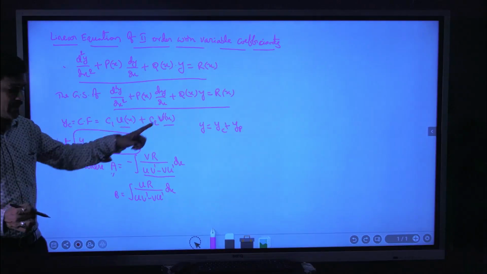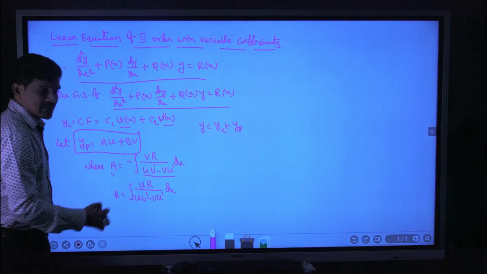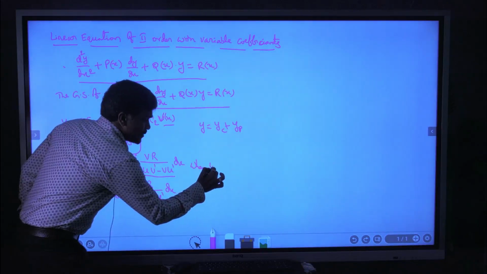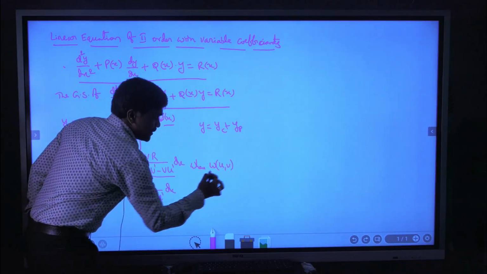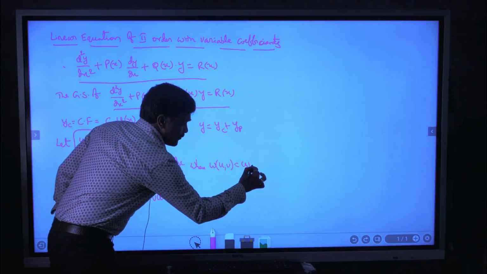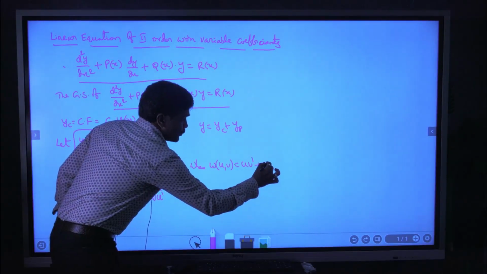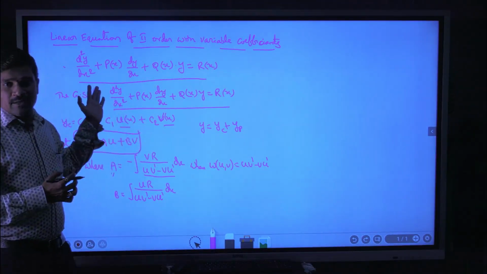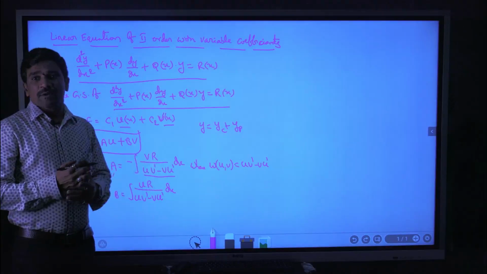After getting u and v, calculate uv dash minus vu dash. This is the Wronskian of u and v, that is uv dash minus vu dash. This is the procedure for finding the solution of a linear equation of second order with variable coefficients.